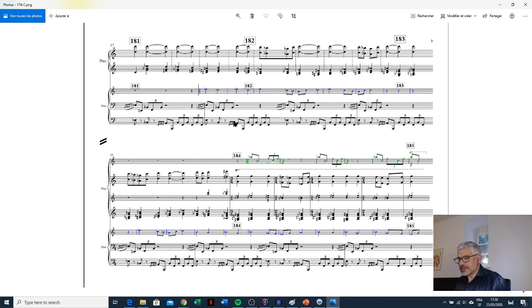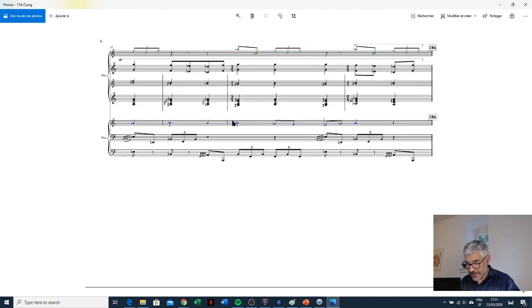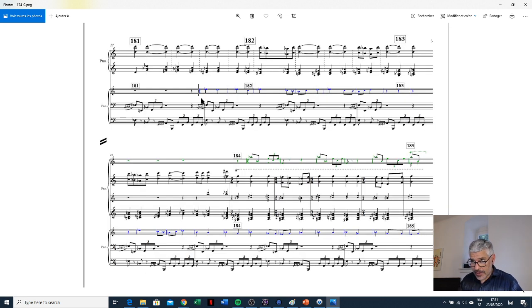Let's skip now to the second half. We have new elements here, which are basically this tune we know from before, and this motive, which comes in the first time in 184 with the trumpet in D. And what is that subject?